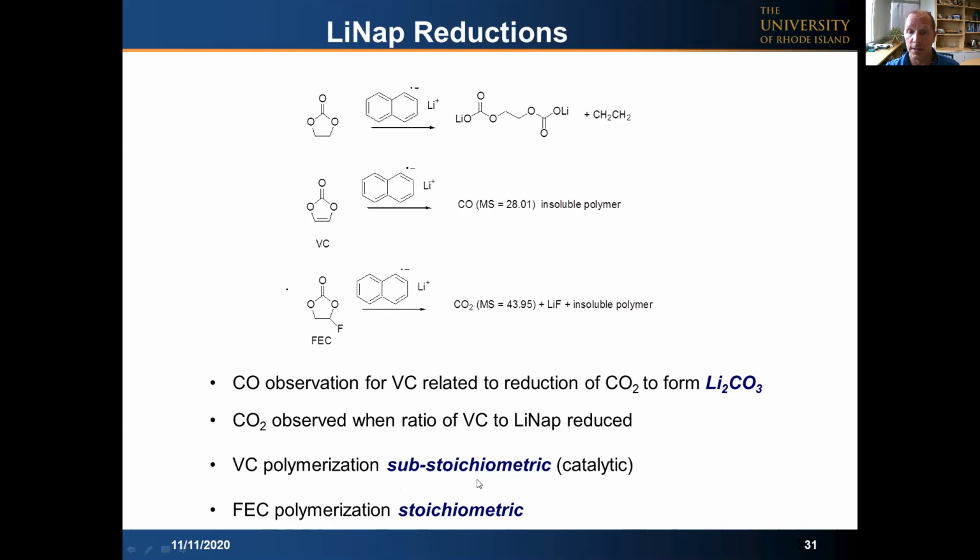What that tells us is the VC reaction is catalytic, and the FEC reaction is stoichiometric. What it also tells us is we have a large excess of lithium naphthalene in the case of VC. And so we are indeed generating carbon dioxide initially. However, that carbon dioxide is being reduced to generate lithium carbonate and also carbon monoxide.